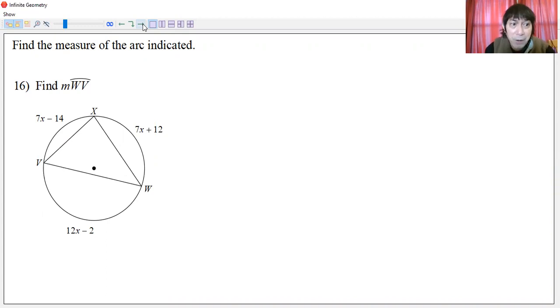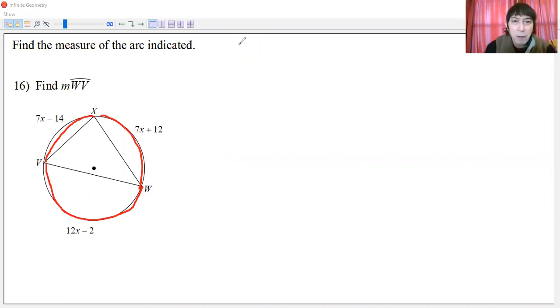Find the measure of the arc. Arc WV. Where is WV? There, that arc there. This is rather simple. These are all arcs. So that means this arc WV plus the VX plus the XW is one full circle.